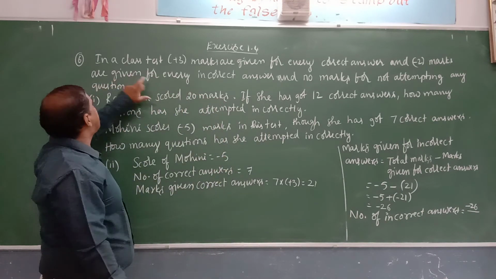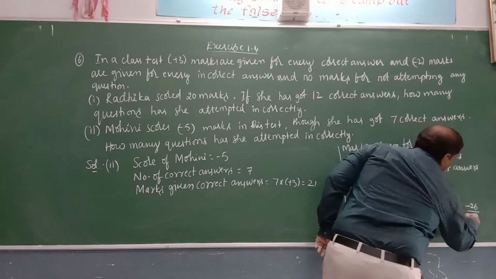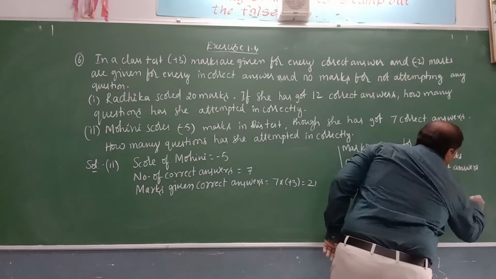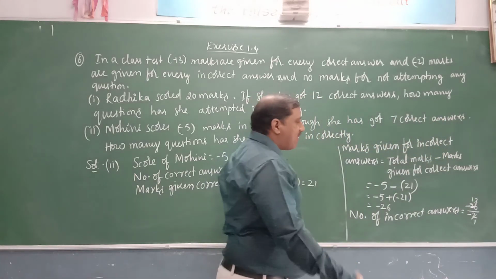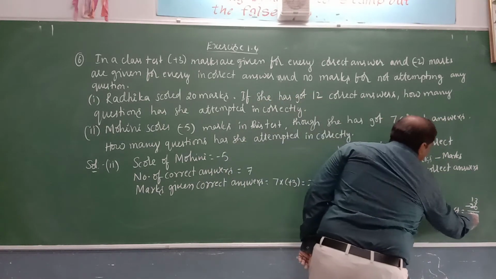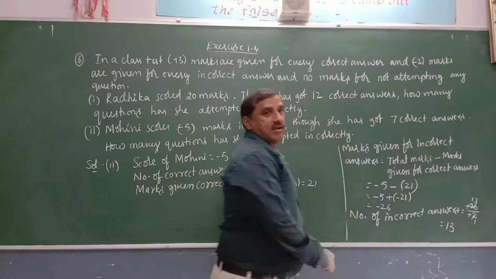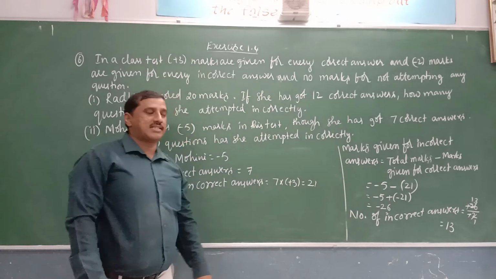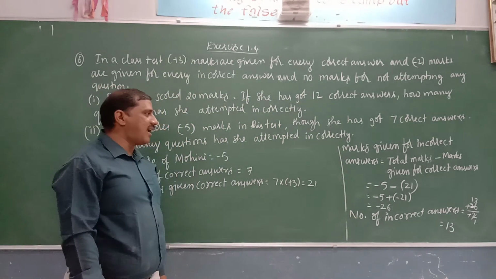For each incorrect answer, how many marks were given? Minus 2. Now we are dividing. 2 ones are 2, 2 threes are 6, 13, and we get a positive sign. Minus and minus will be cancelled, so we get a positive sign. And she wrote incorrect answers for 13 questions, meaning she attempted 13 questions incorrectly.